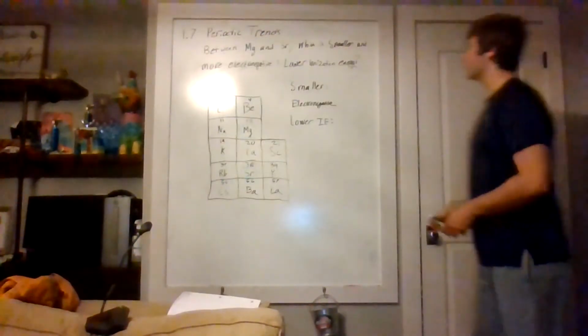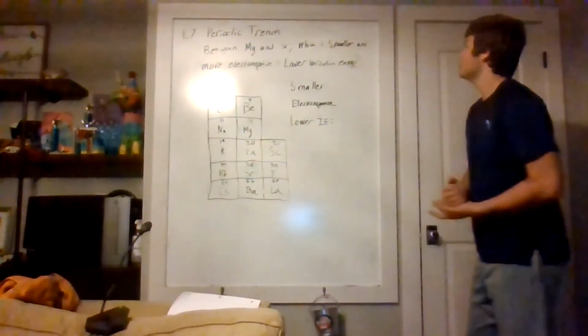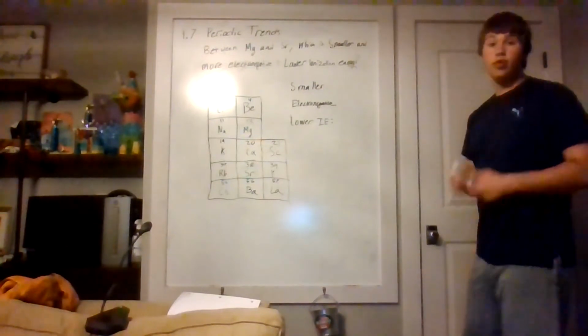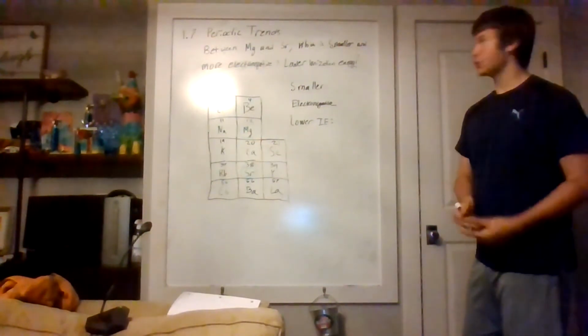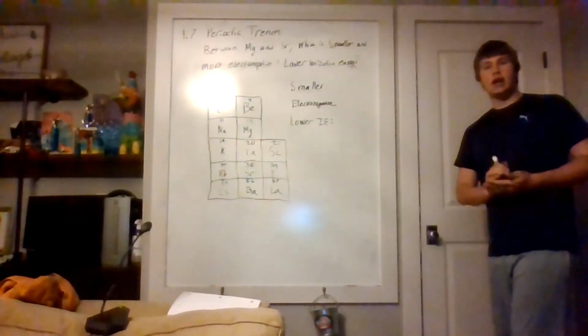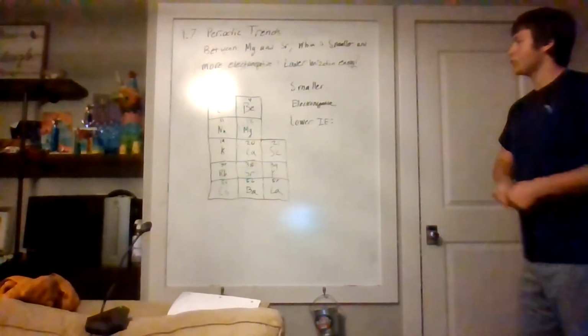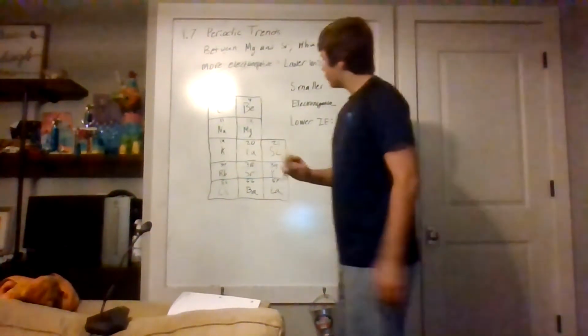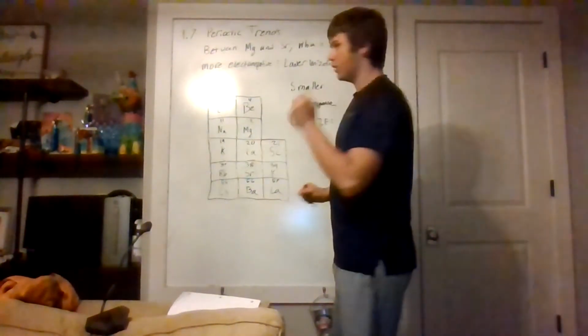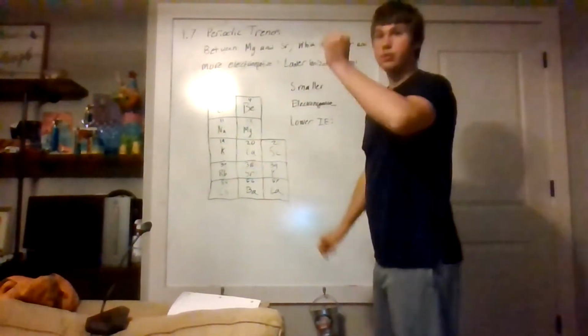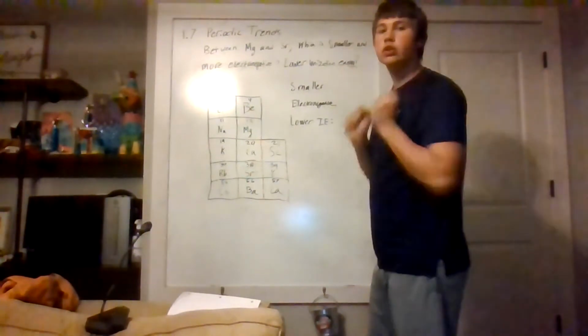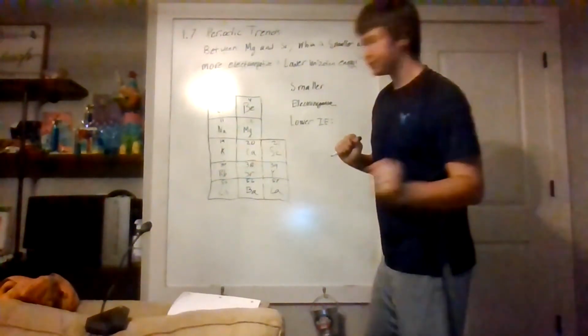For this problem, we need to look at the differences between Mg and Sr. Specifically, which is smaller, more electronegative, and has a lower ionization energy. So first of all, an atom is smaller on the periodic table if it is to the top right, and larger if it's to the bottom left.